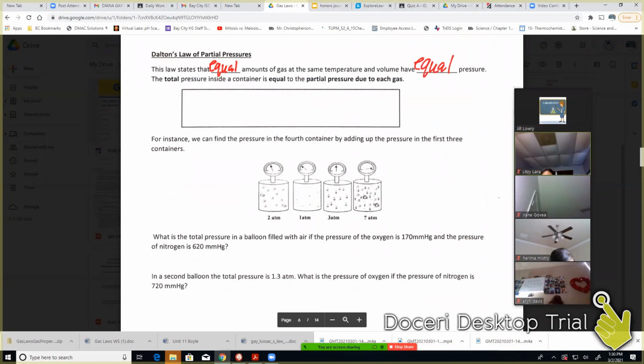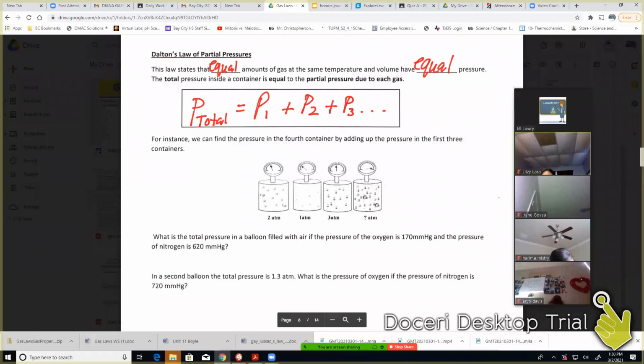So if that's true, if I wanted to get the total pressure, and if I mixed several different containers together into one larger container and I knew the pressure of each one, I could just add that all up to get my total pressure. So the formula is P total, pressure total, is equal to P1 plus P2 plus P3, and you would just continue that for as many gases as you had that made up that P total.